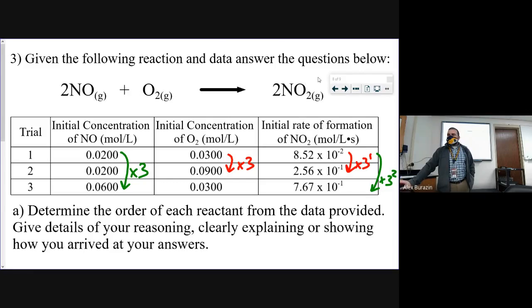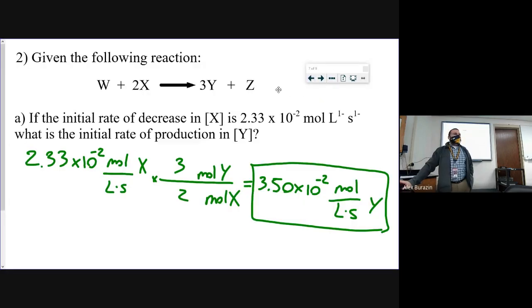We left off here. We had gone through a couple of other new things as a part of 5.2. The main new thing was that if I know the rate of any reactant or any product, and again, hold on, time out. What's rate for chemical reactions? What is rate?